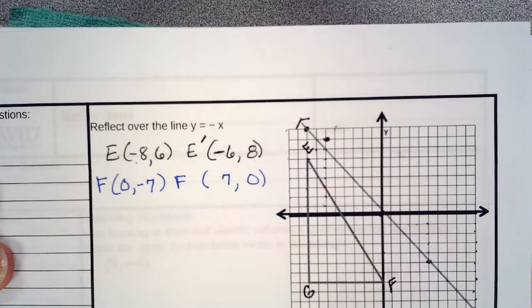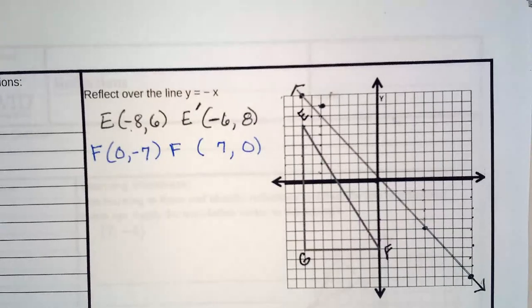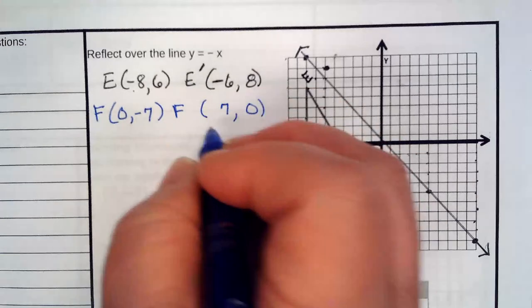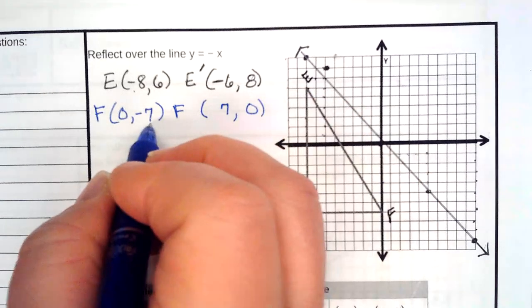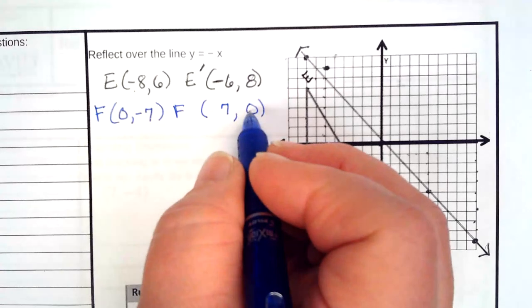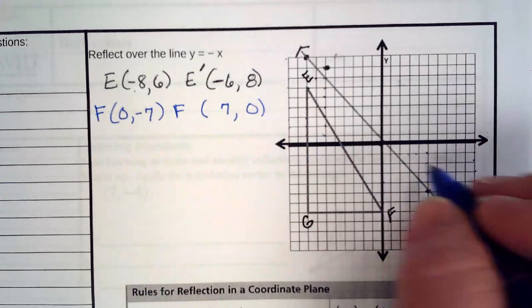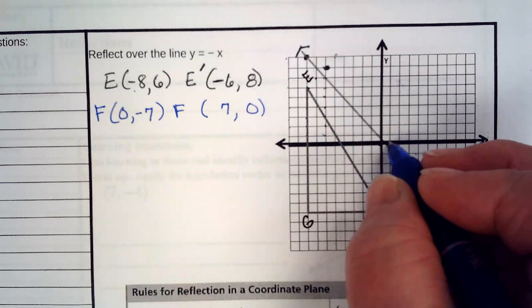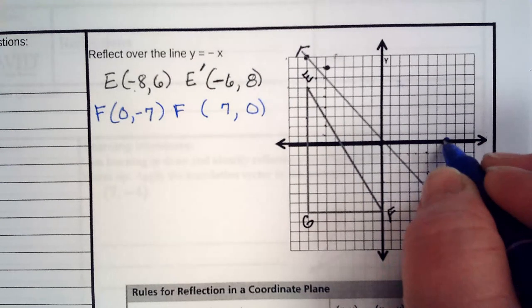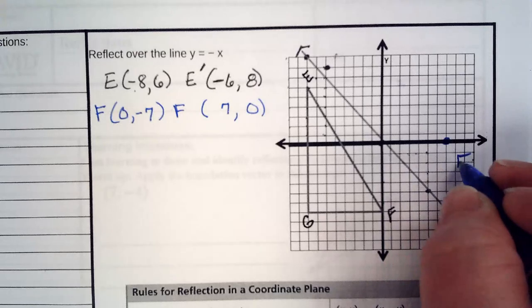The second thing we do is change them to their opposite. According to our rule, we change it to the opposite. So negative 7 becomes positive 7. 0 doesn't have an opposite, so it stays as 0. So this is 7, 0. And this will be my F prime.